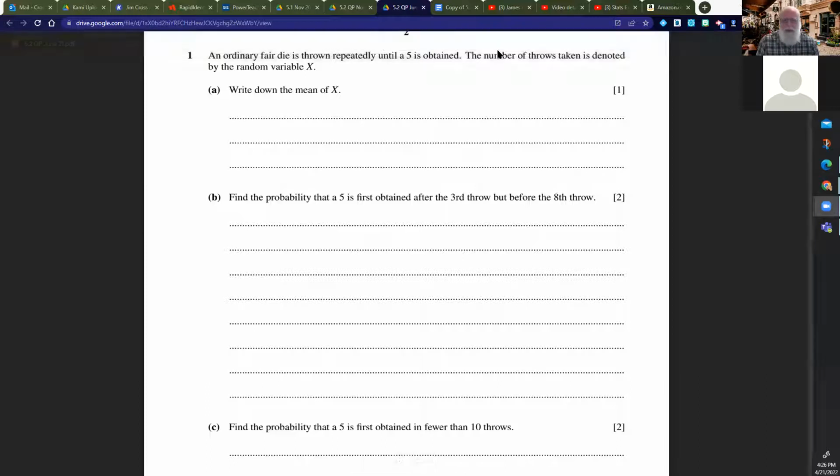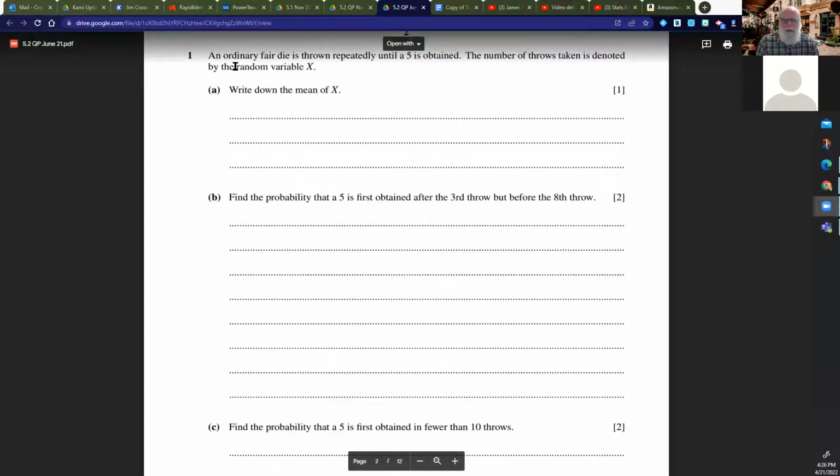Now, why did you think that you were using a geometric distribution in part A? Because it's rolling a die until a 5 is obtained. Okay, so the first 5, that's how you got it, right? Yeah. Now notice how we're going to find the probability that a 5 is first obtained after the third throw.